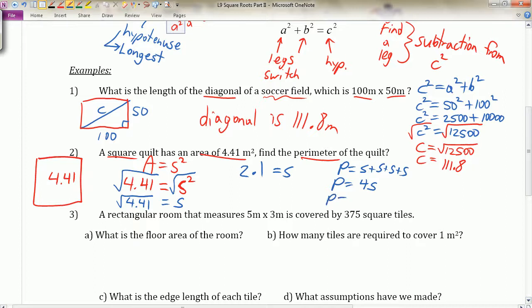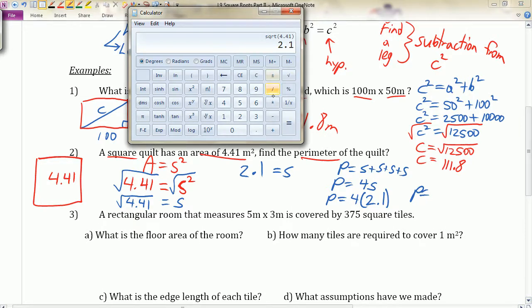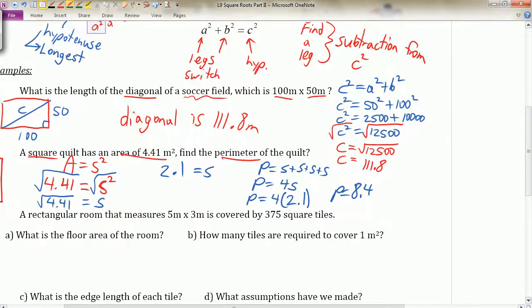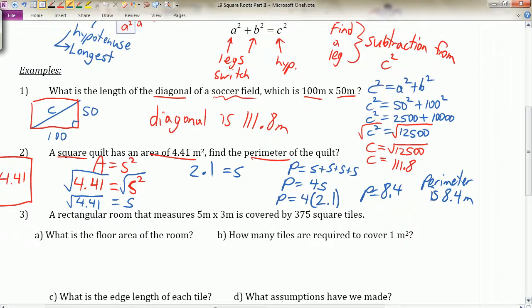So then I substitute in P equals 4 times 2.1, and I can find my perimeter simply by timesing by 4, and equals 8.4. Quick little sentence, perimeter is 8.4 meters. Nice and simple. There's a lot of math involved there, a lot of little stuff. We want you guys thinking.